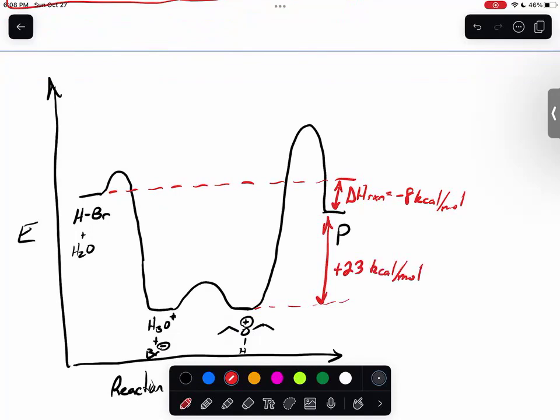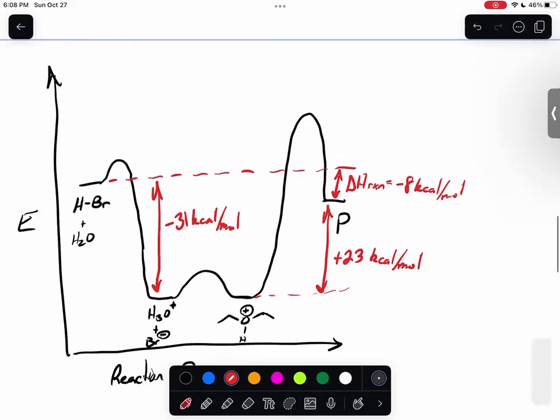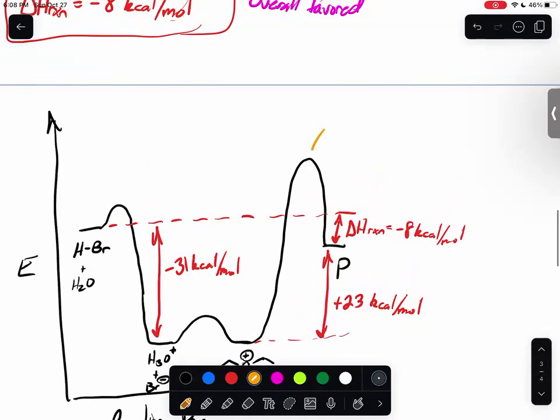So essentially, we put ourselves into a 31 kilocalorie trough by doing the first acid-base reaction that we then have to make up later on. And that's why when we're looking at this reaction, the SN2 right here is actually our rate determining step, right? It is very difficult to perform.